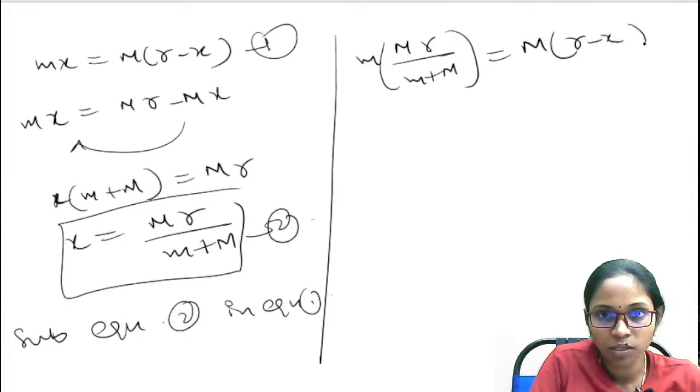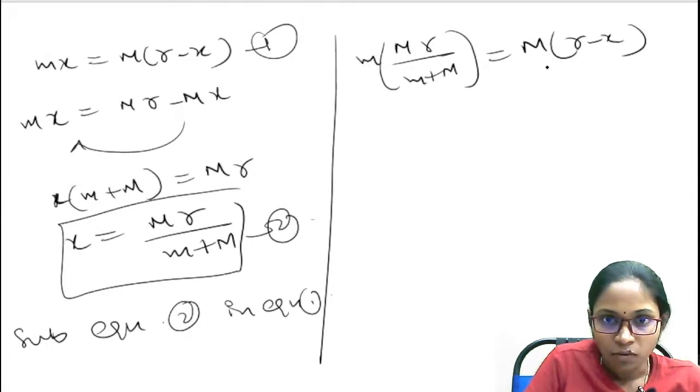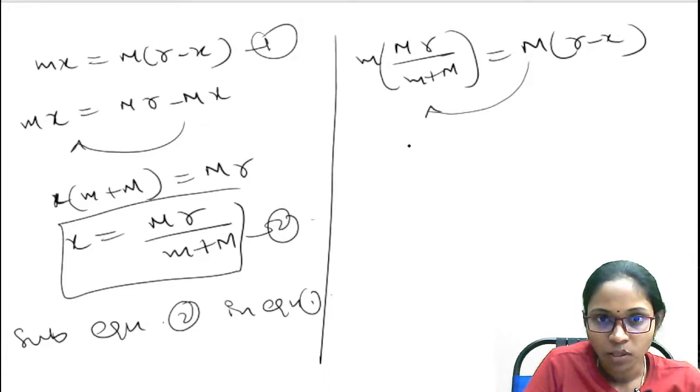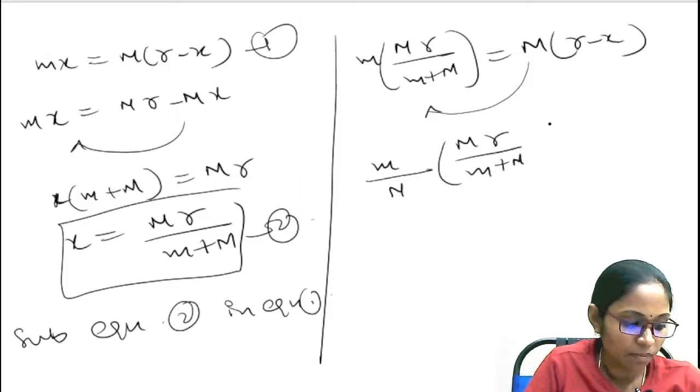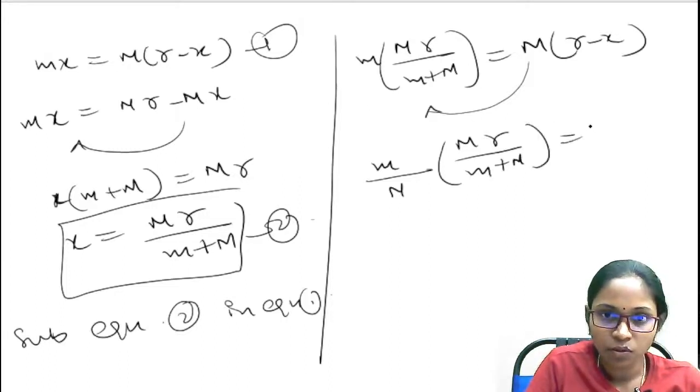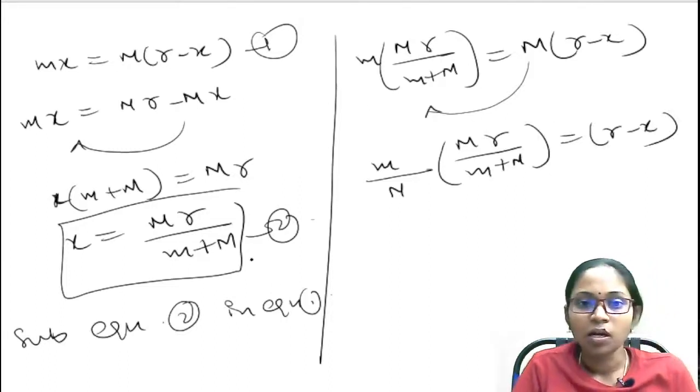of r minus x. Okay, now you just bring this capital M towards the left hand side. Then m into m by capital M into M r by m plus capital M is equal to r minus x.